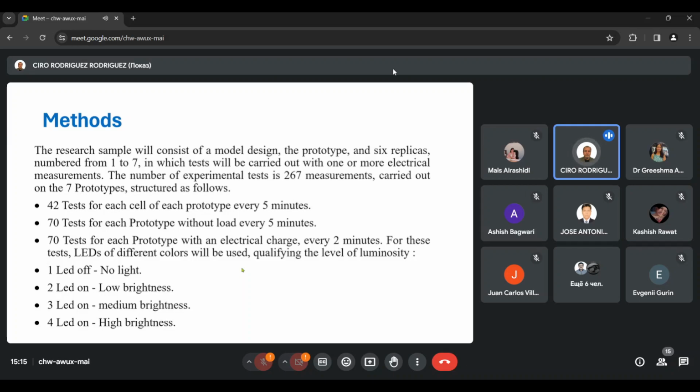So we have a number of experimental tests of 267 measurements carried out with these 7 prototypes, structured as follows: 42 tests for each cell of each prototype every 5 minutes, 70 tests for each prototype without loads of energy every 5 minutes, and 70 tests for each prototype with electrical charge every 2 minutes, using LEDs of different colors, qualifying the level of luminosity, taking into account that in the first level there is no light, the second LED is low brightness, the third LED is medium brightness, and to get the high brightness, the 4th level of the LEDs.